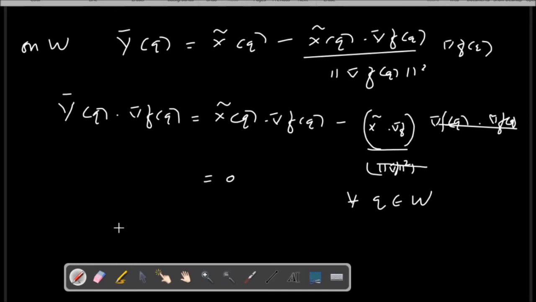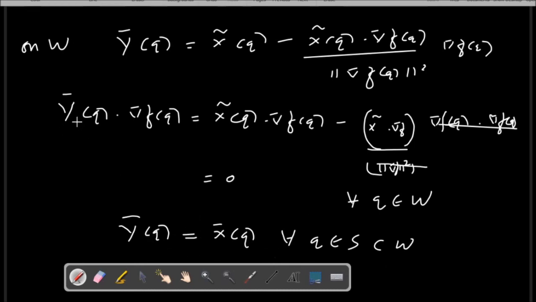So what I can say, y bar of q must be equal to x bar of q for all q element of S. Why? Here on S, if you take a point, x bar is the tangent vector field we have already told. If it is a tangent vector field, the dot product with del f of q must be equal to 0. So if the dot product is equal to 0, it is the same as your y bar on W, correct? So y bar and x bar will be one and the same on S, and S is inside your W, correct? So the rules are not violated.